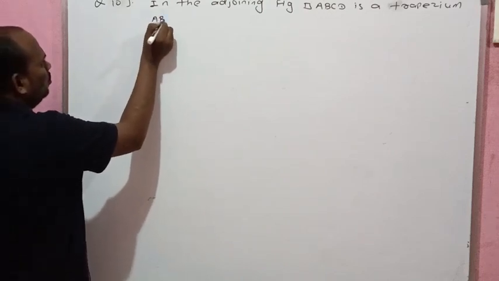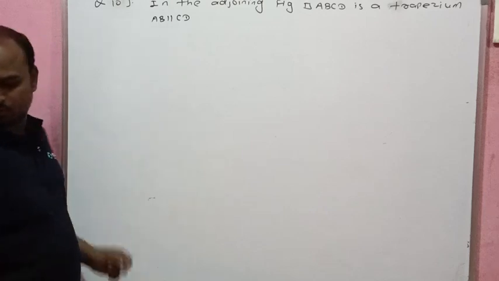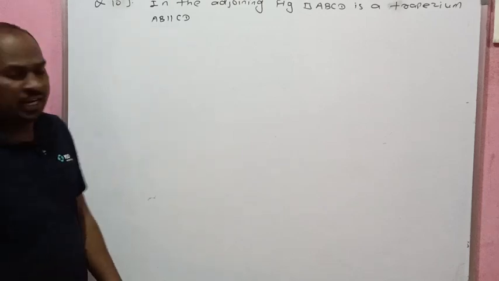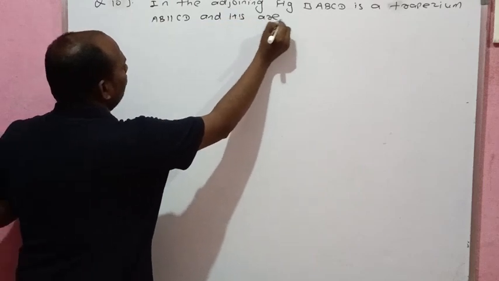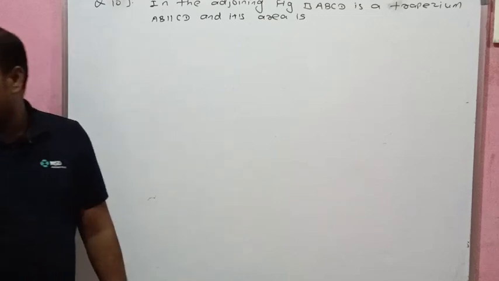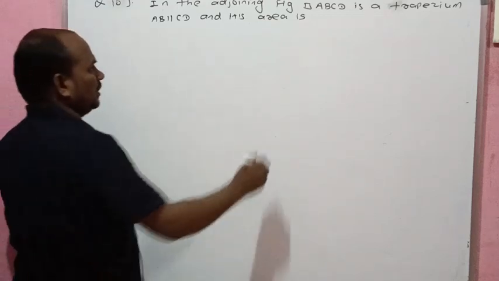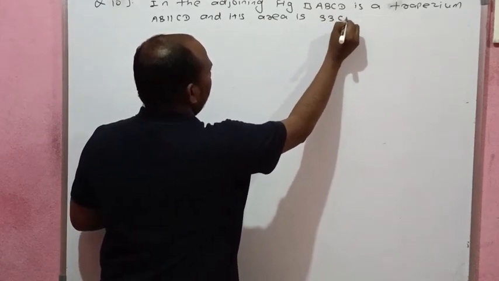AB parallel to CD, and its area is 33 centimeters square.